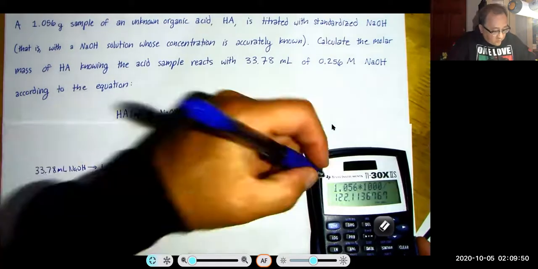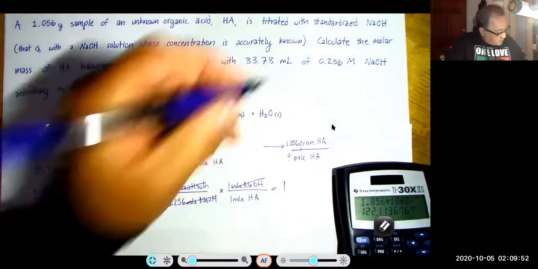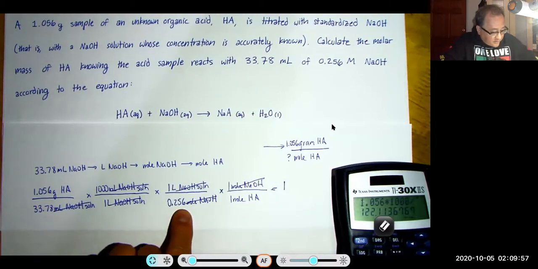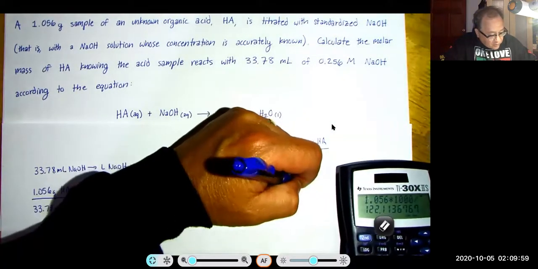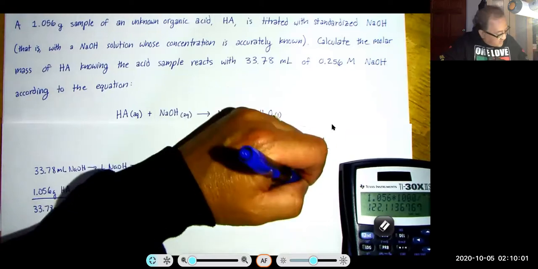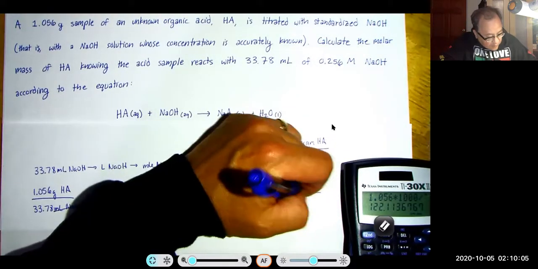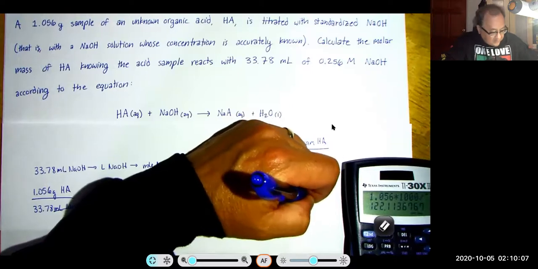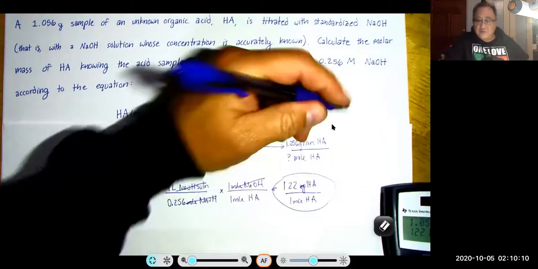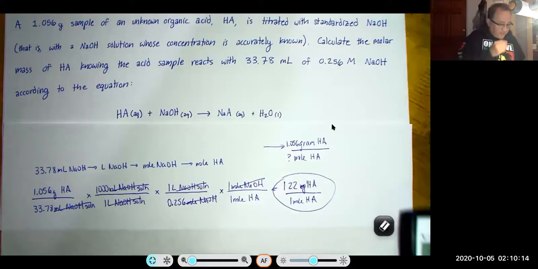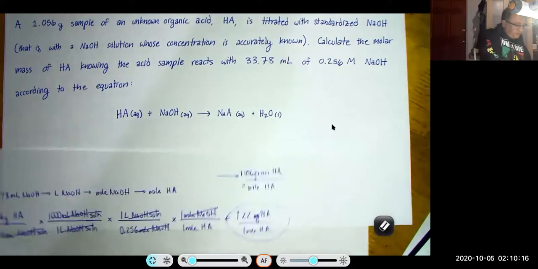Or 120, I should say. So 4 sig figs, 4 sig figs, 3 sig figs. So 122 grams of HA per 1 mole of HA. So that is the molar mass, 122 grams per mole. All right. Let's put that to the side.